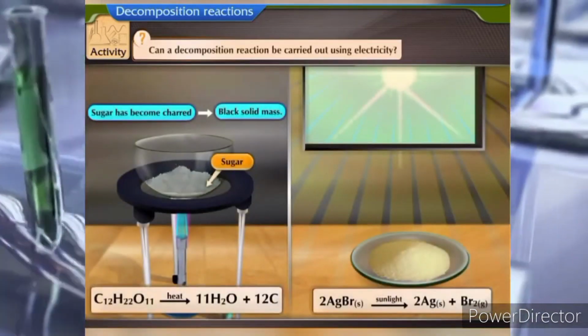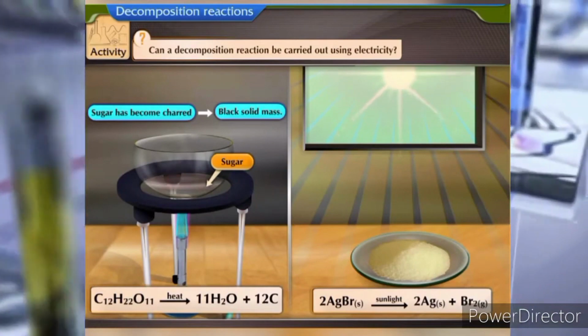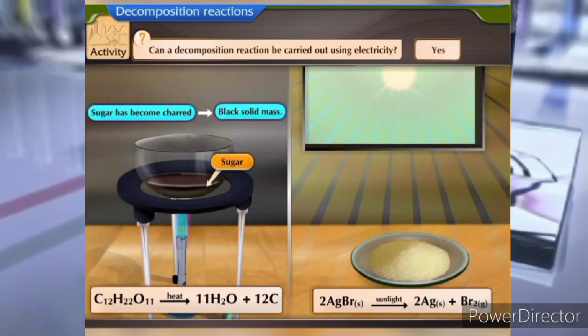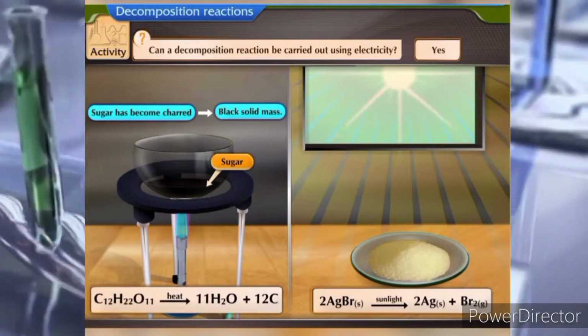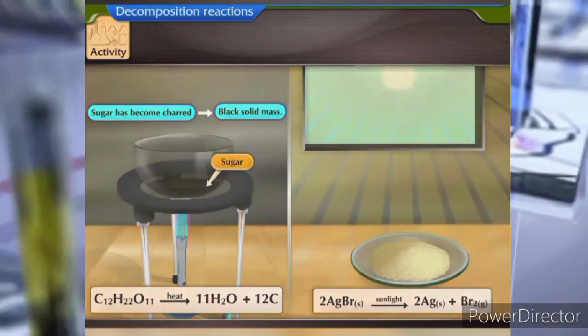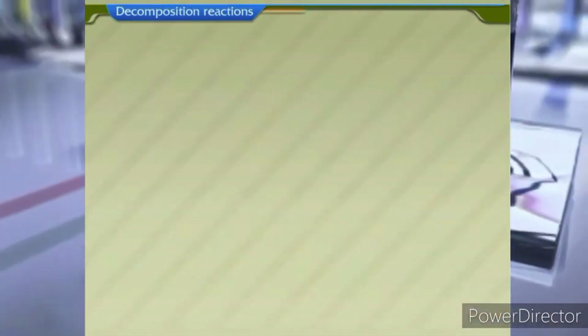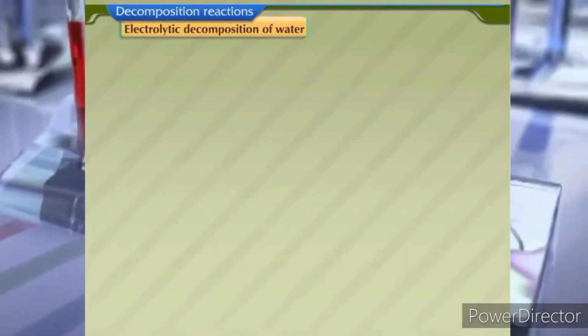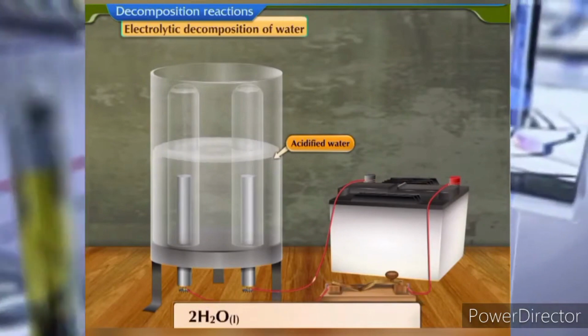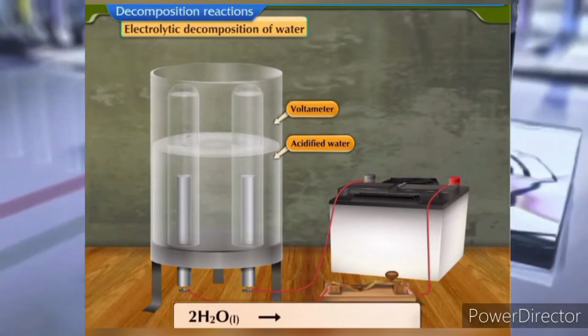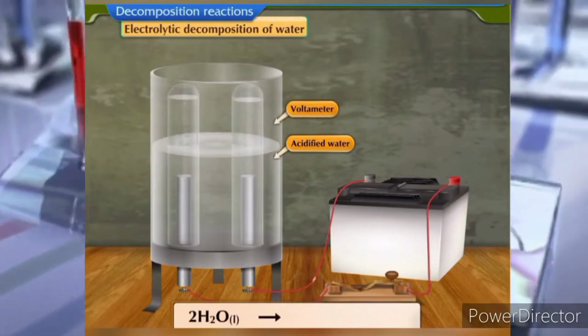Can a decomposition reaction be carried out using electricity? Yes. Let us see whether water can be decomposed using electricity. Electrolytic decomposition of water. Take acidified water in a voltameter. Pass electric current through it.